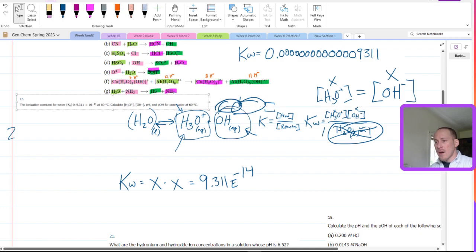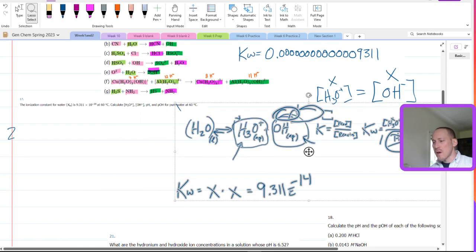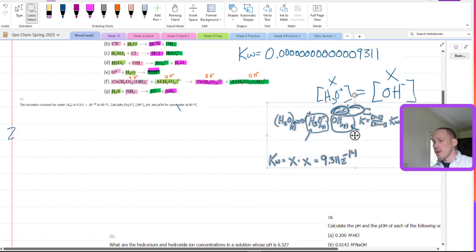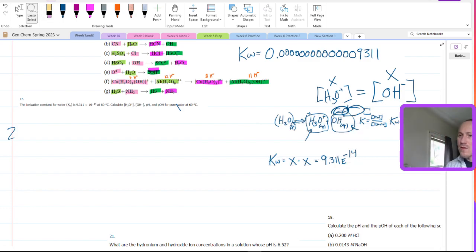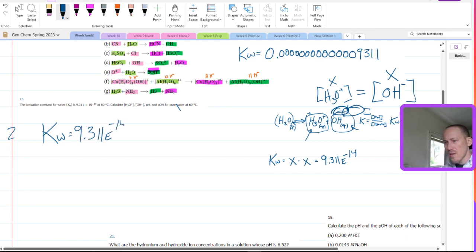But in this case, we are seeing water that I believe is ionizing slightly more, but just slightly more. Since it's hotter, it's ionizing slightly more than at room temperature. At room temperature, this would be 1 times 10 to the minus 14th. So by heating it up, it's ionizing more. So the Kw equals 9.311 times 10 to the minus 14th.